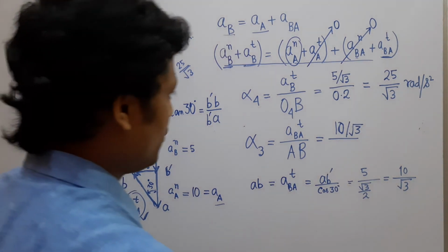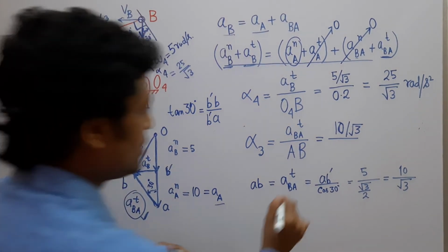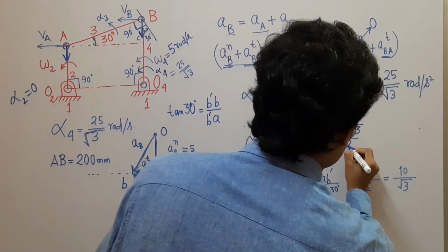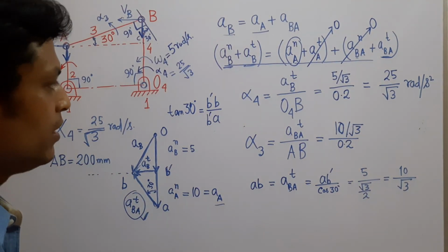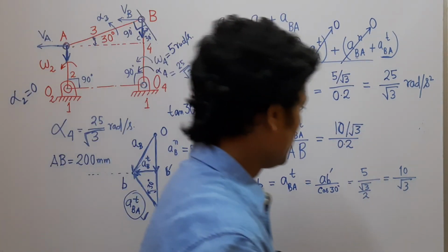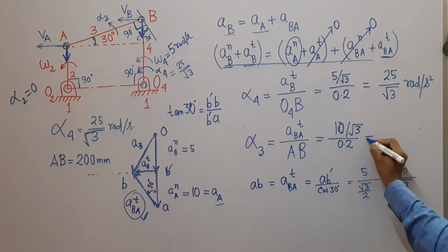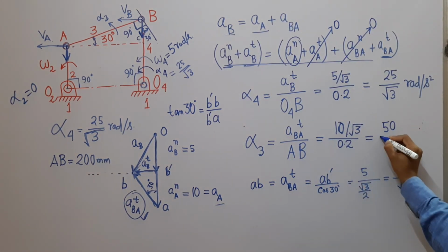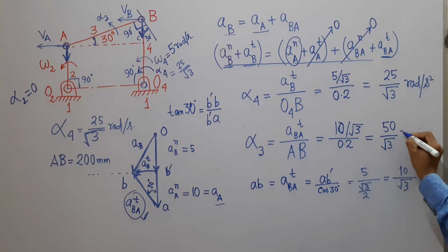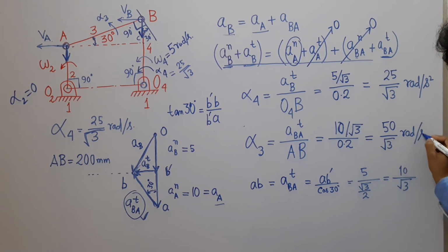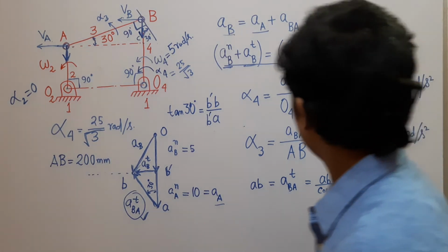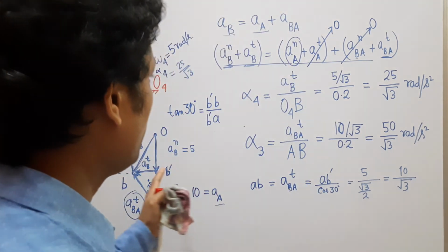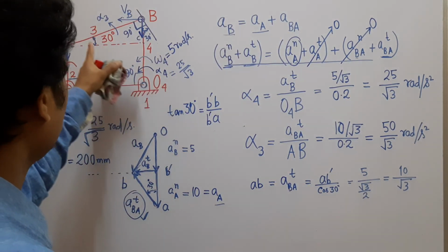You can do it by yourself, simple geometry. So 0.2 in meter. This becomes 50 by root 3 radian per second square. So we have determined both the angular accelerations of link 4 and link 3.